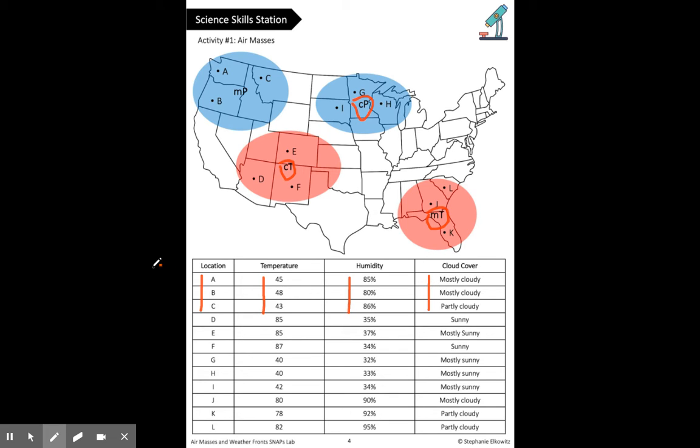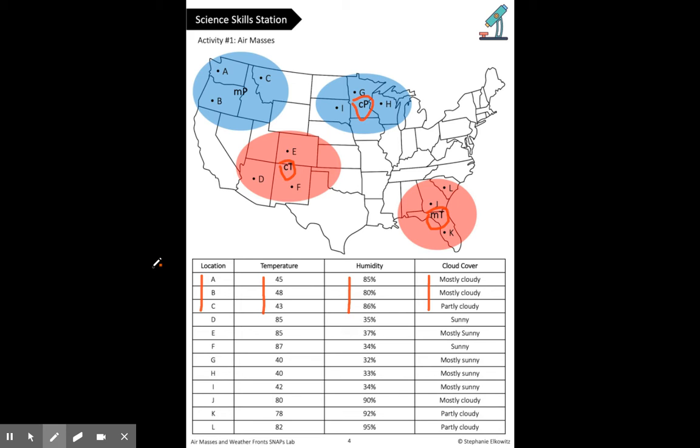So if we look at A, B, C, we can tell from the temperatures that they're on the colder end. They're all less than 50 degrees, which is a chilly temperature. The humidity levels are high. They're 85, 80, and 86. So that would be a high humidity level. And the cloud cover is either partly or mostly cloudy.